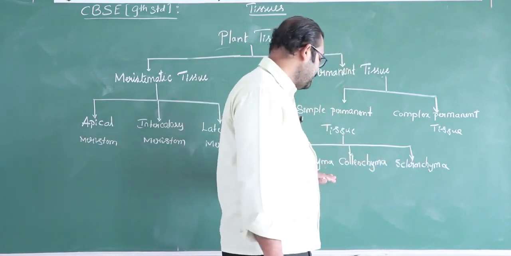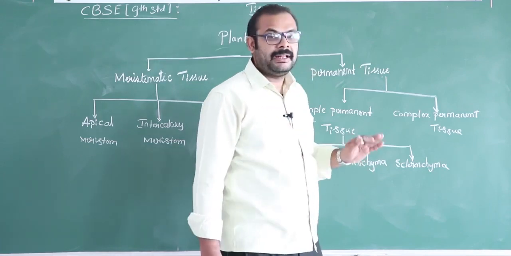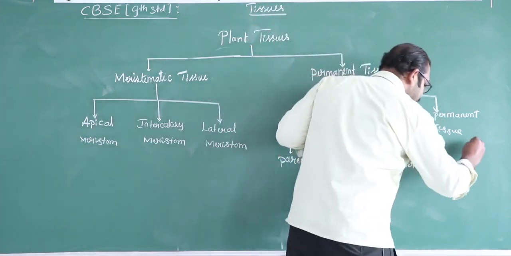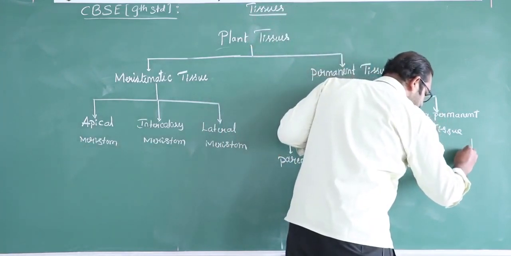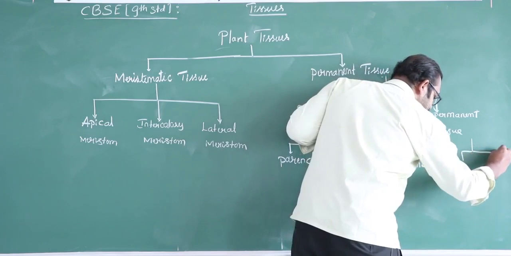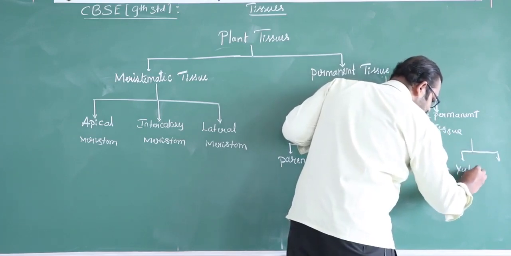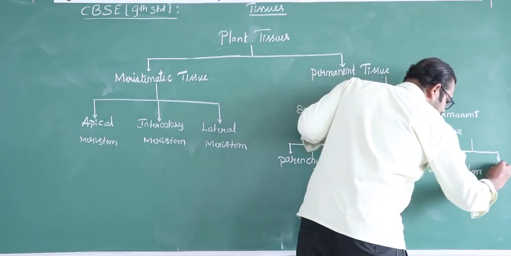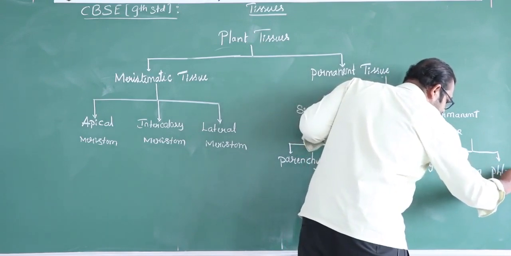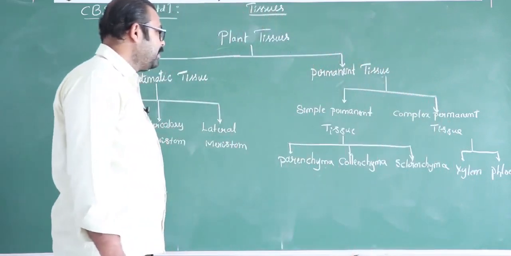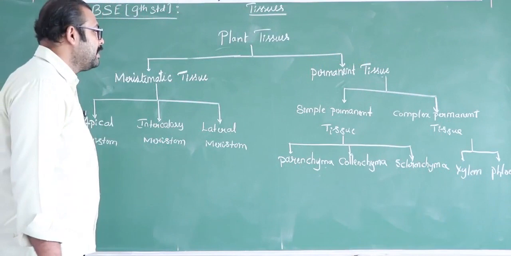These are the three different types of simple permanent tissues. Then coming to complex, it consists of two types. One is xylem and another one is phloem. This is the classification of plant tissue.